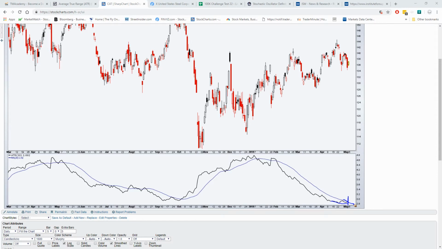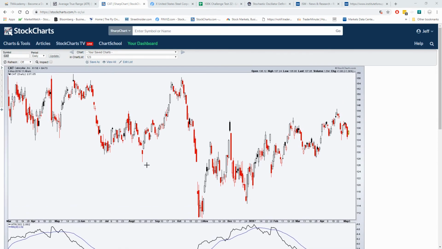But it's not something I add to my charts or use, because I can get that story without it. But if you're just trying to understand the story a little bit better, you can add that, and it does give a little bit of a better read when it comes to the story of the ATR here.